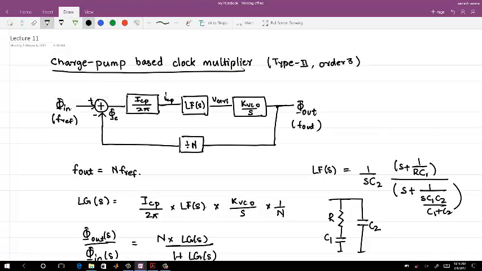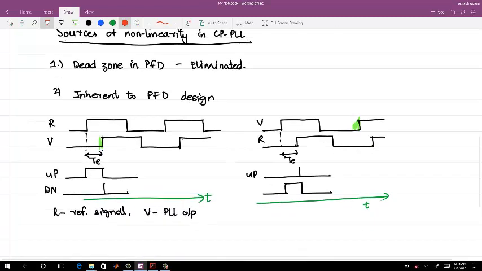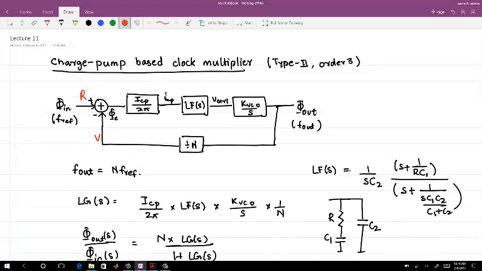So this is your R signal, and this is your V signal. Now what is the PFD doing? If you see in this case, as soon as R goes high, the up pulse goes high. When the up pulse goes high, you keep pumping in current, meaning you inject current into this node, so your V control changes and hence your phi out changes, and V becomes V dash.